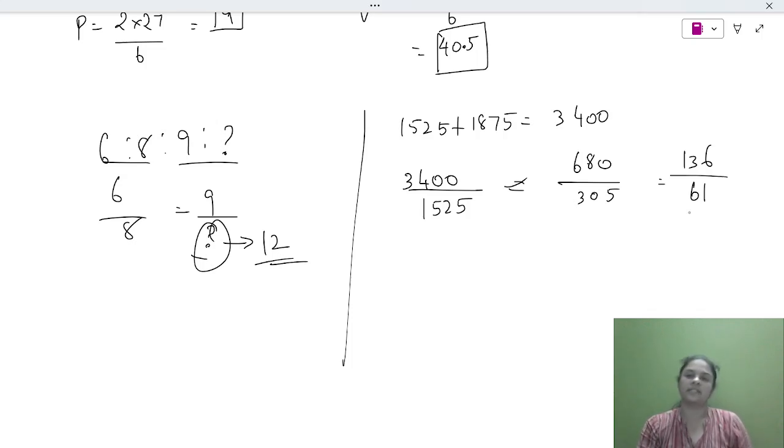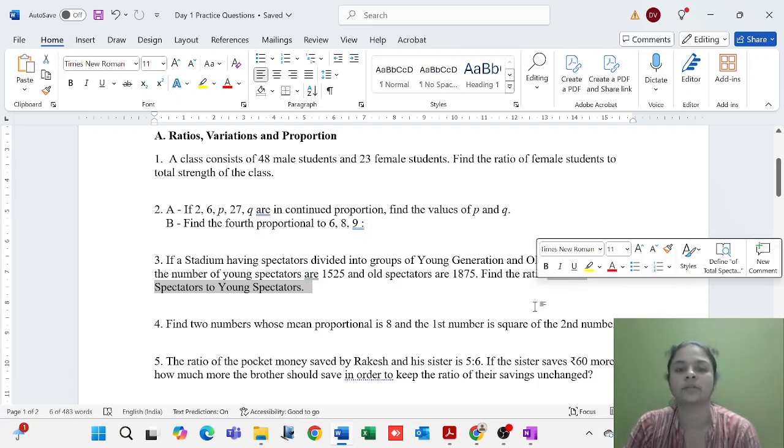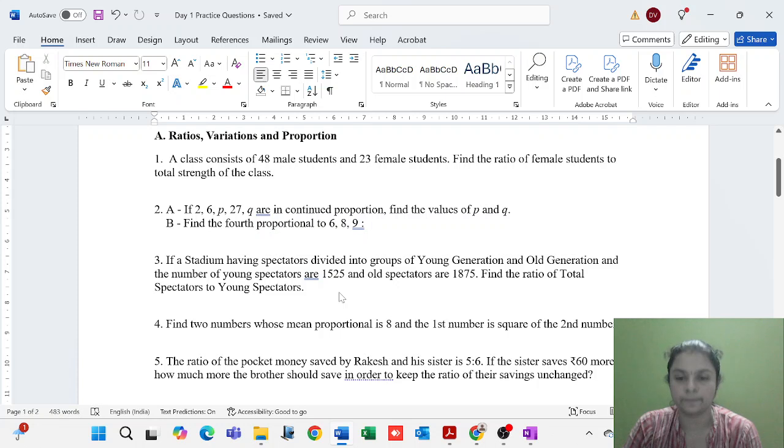Okay, I've just divided by 5 tables in both places to get a simplified ratio. So the hint here is question level, what is the value they are asking? Please check. It is not young to total, it is total to young. Clear? Yes, ma'am. Yeah. Next one.